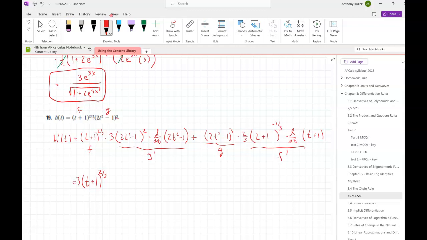Let's put the 3 over there, I guess. The derivative of 2t squared minus 1 is just going to be 4t minus 0.